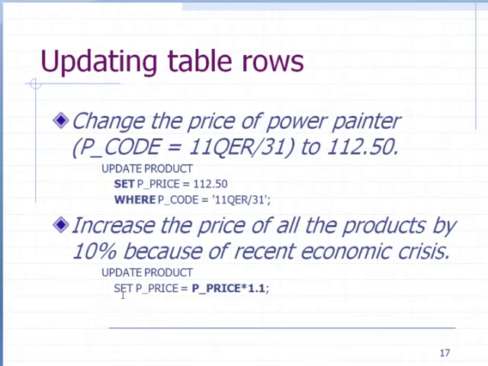So set column name P price, and the new value, you can also calculate it. So equals, you will assign the current P price multiplied by 1.1. That means a 10% increase. So this new value will be recorded as the new value for the P price.